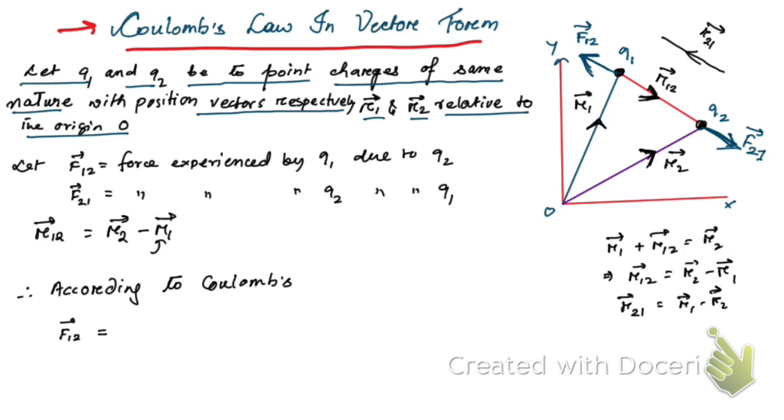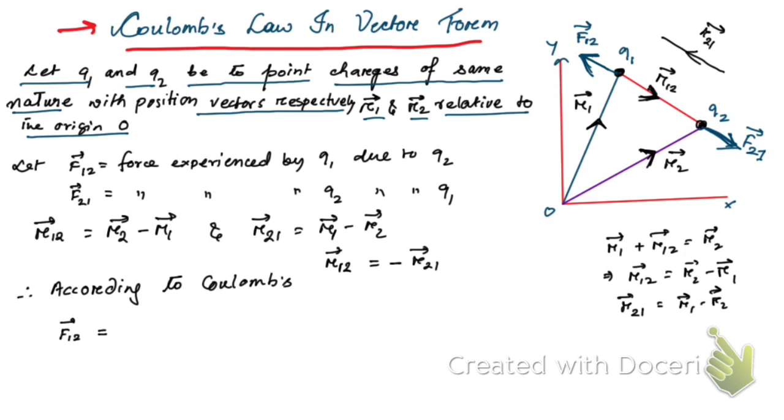Here r1 is the initial position vector and r2 is the final position vector, right? And the r21 vector is equal to r1 minus r2. One more thing, r12 is the negative of r21. The magnitudes are the same but they are opposite in direction.